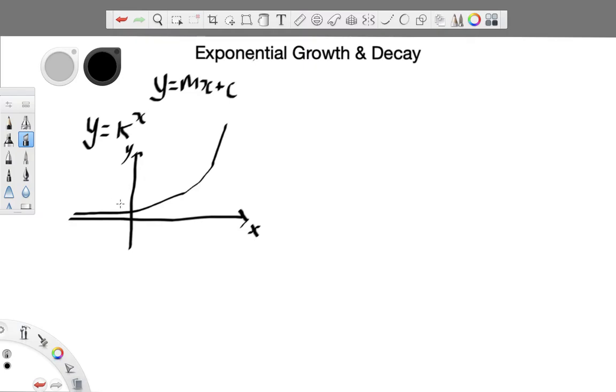They are that it crosses the y-axis at 1. So it intercepts the y-axis at 1. So it has the coordinates (0, 1). And also, the graph is asymptotic with the x-axis. So it means that it never touches or never intercepts the x-axis.